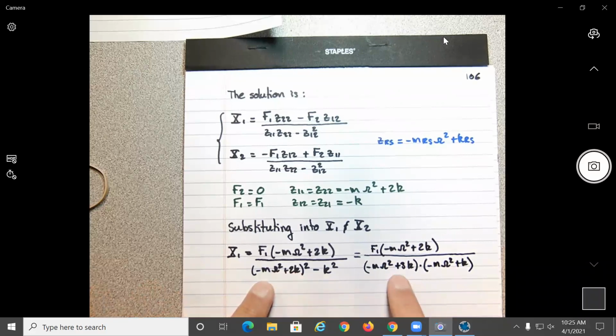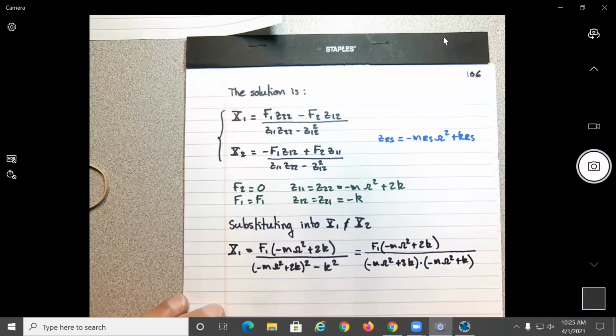Now you can rewrite under this form. So this should be the two roots. So actually you see that here the two roots are the same as before. 3K over M for this one and K over M for this one, no? Okay, that would be equal to the natural frequencies.